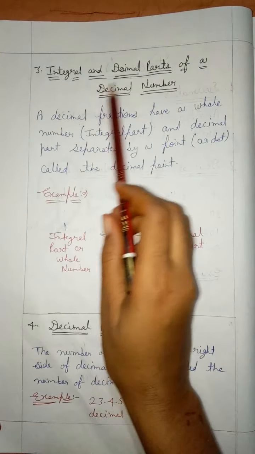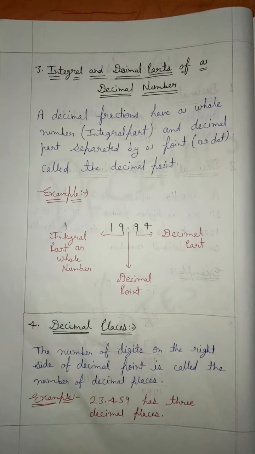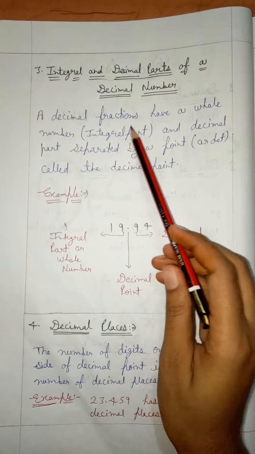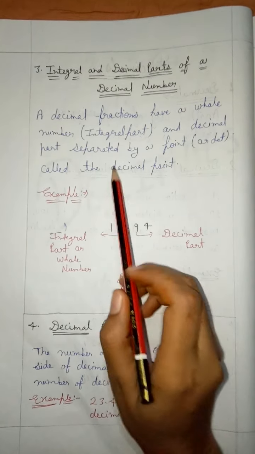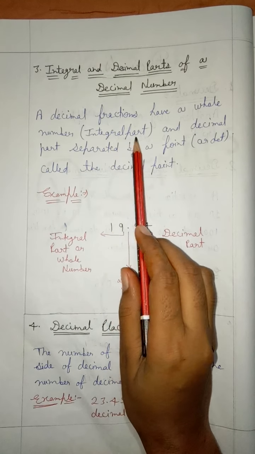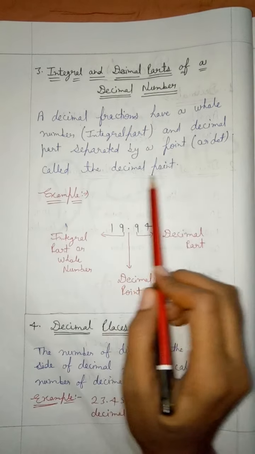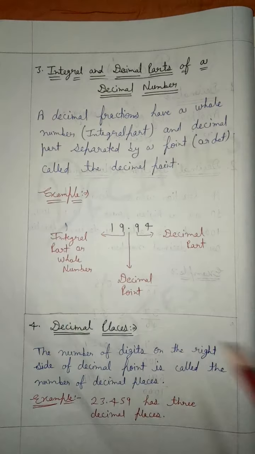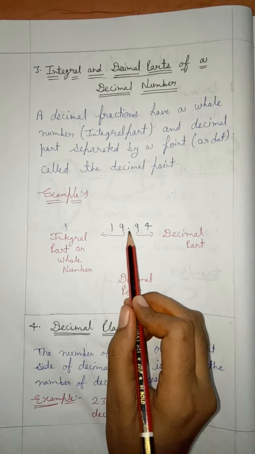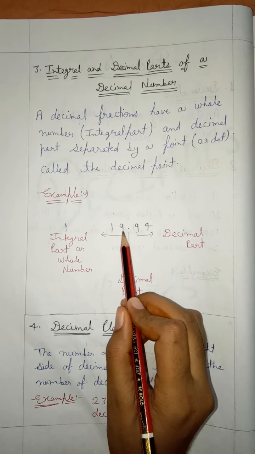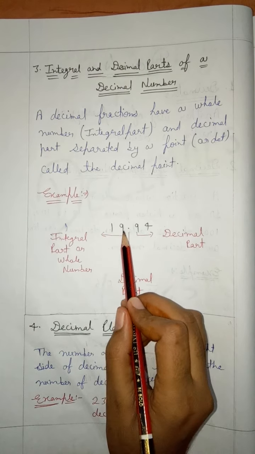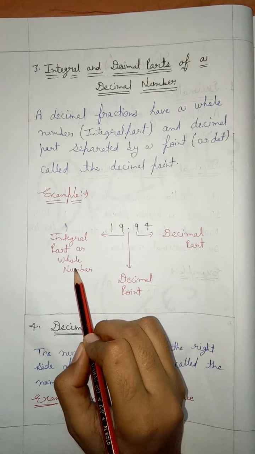Now, integral and decimal parts of a decimal number. A decimal fraction has a whole number, which we call the integral part, and a decimal part, separated by a point or dot called the decimal point. Example, if a number is given, 19.94, the number before the decimal is the integral part or whole number.